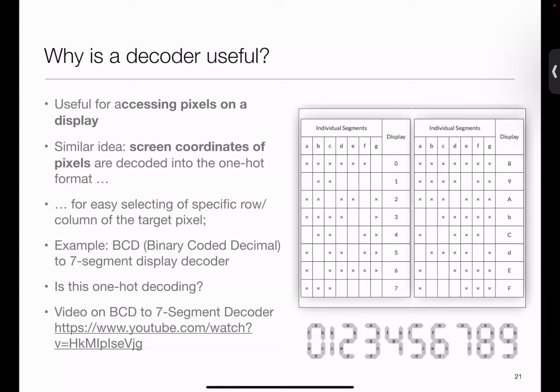So for each digit, 0 through 9, and if you're displaying hexadecimal digits, then usually they do A, little b, C, little d, E, and F. So corresponding to the input would be 4 bits, telling us which digit, and the output is 7 bits, telling us which LEDs are on. So that's another example of a decoder. So decoders are abundant in real life usage.